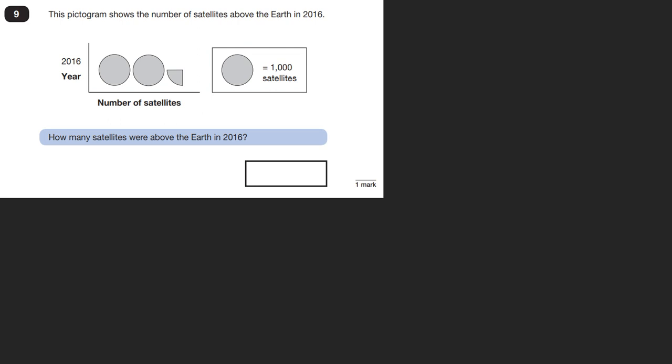Question number 9. Read the question carefully. The pictogram shows the number of satellites above the Earth in 2016. How many satellites were above the Earth in 2016? So 1,000 represents one full circle. There are two full circles, which is 2 times 1,000, and that is 2,000.